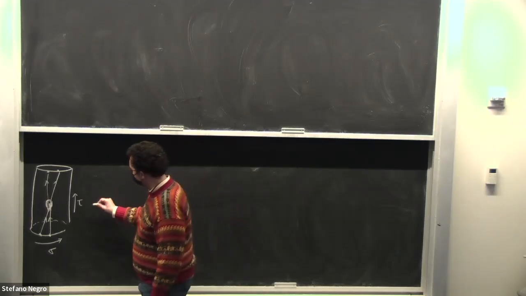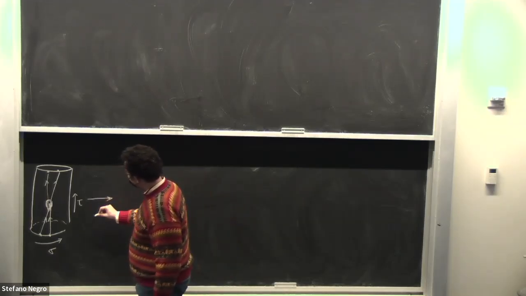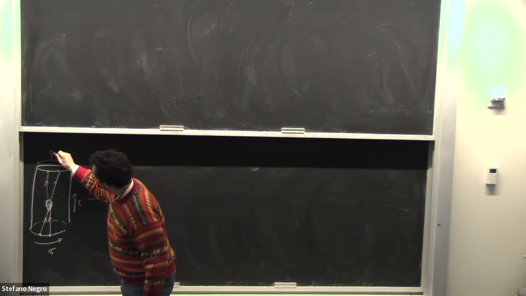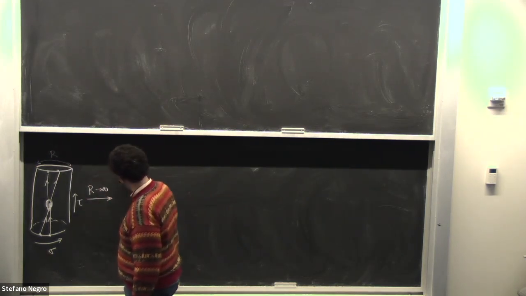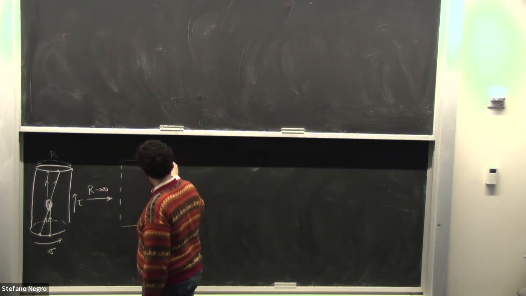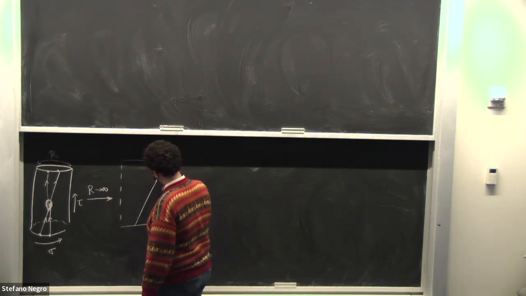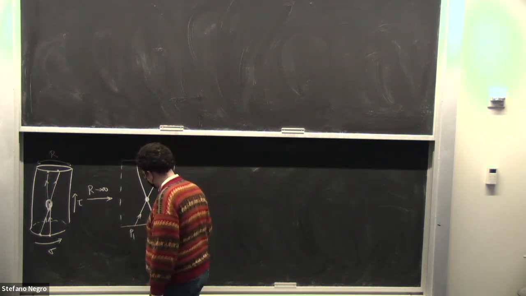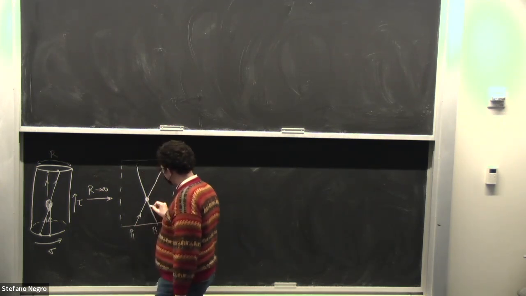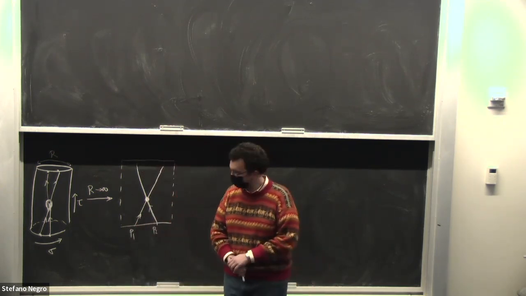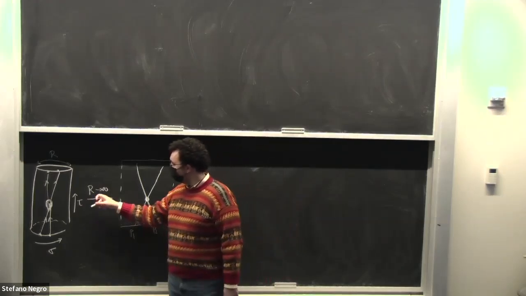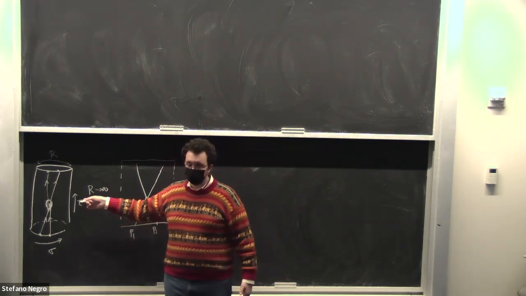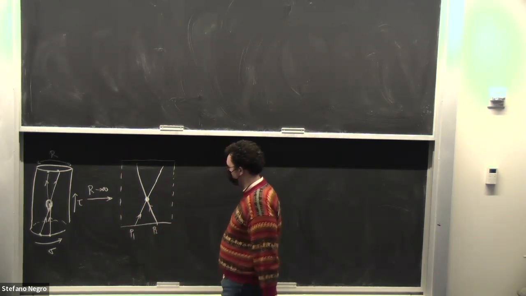So what you do is that you actually send the radius of this cylinder to infinity, and you get yourself in the situation where you are describing scattering on the plane. And this limit has to do with, at least initially, considering states that have large R-charge. These are, in some particular gauges, the R-charge.